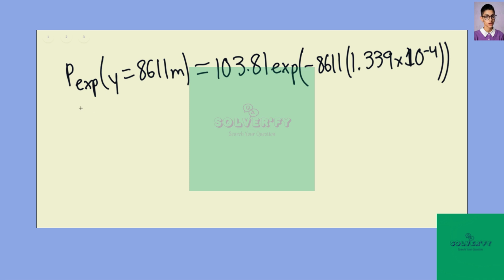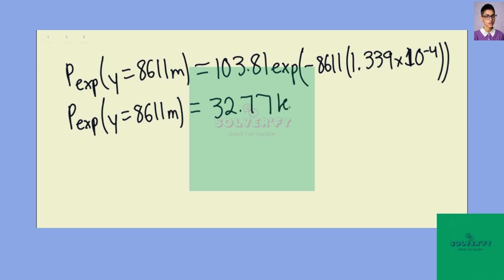And we find that using the exponential fit, the pressure equals 32.77 kilopascals.